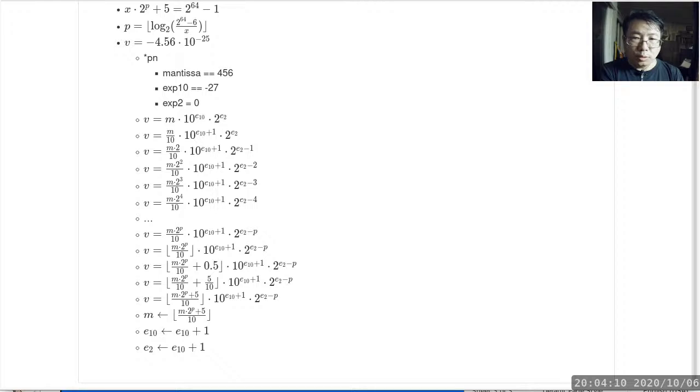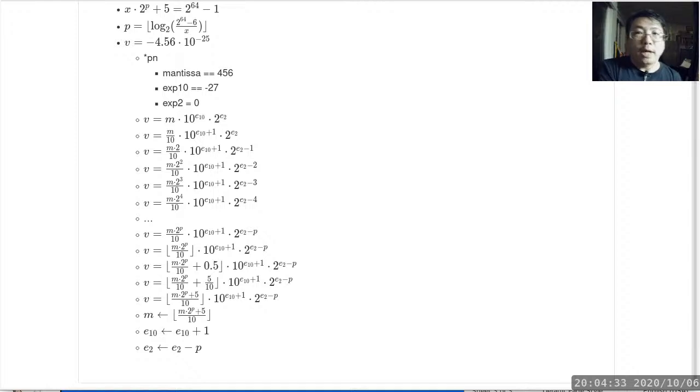So E2 is updated by a subtraction operation, and we are subtracting p from E2. So these 3 steps are what to do after we figure out what P is supposed to be.